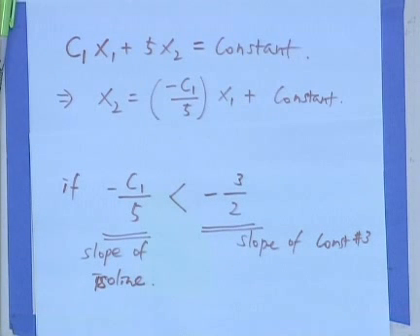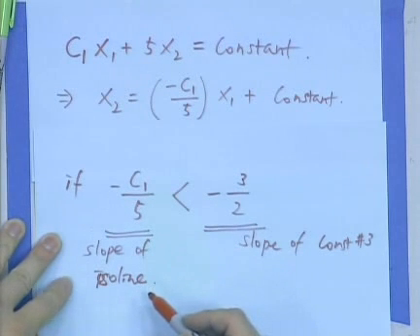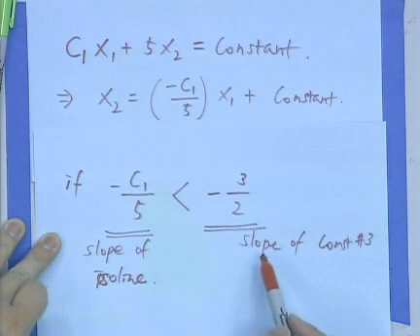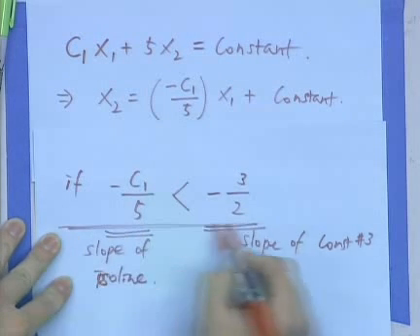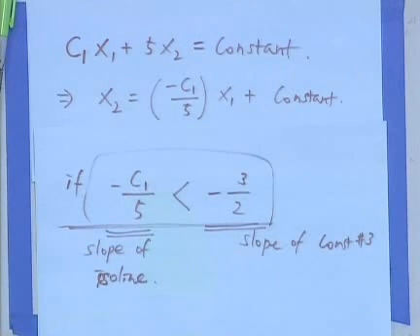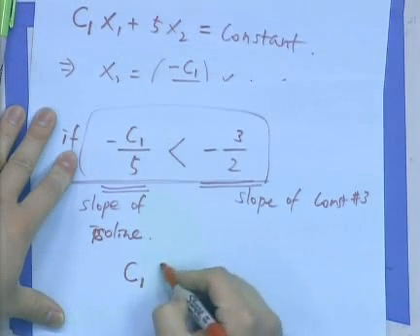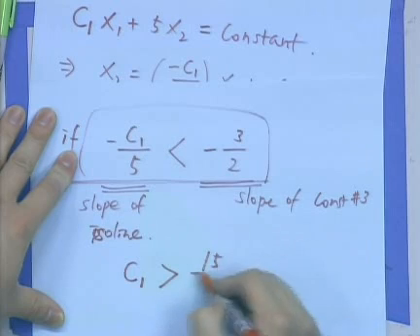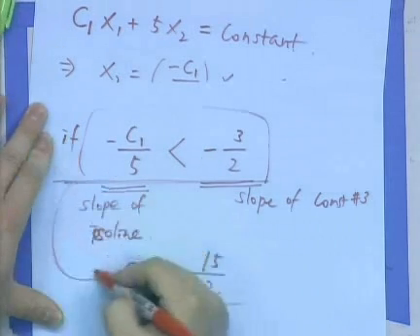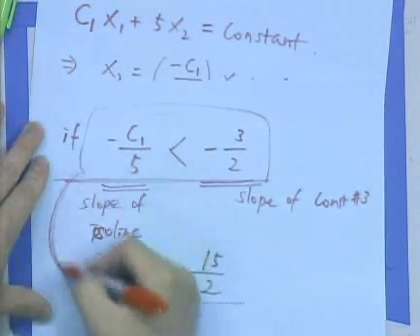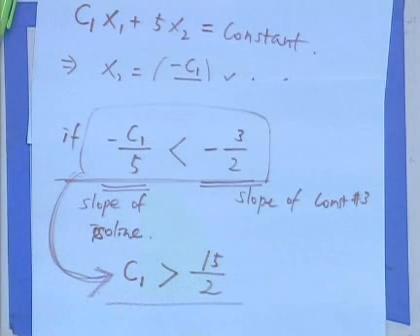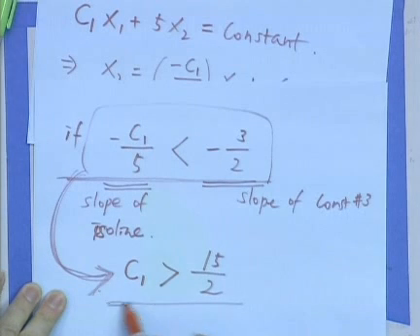So I said the iso value line will be steeper than plant number 3 if this is satisfied, right? Which means C1 is greater than 15 over 2 from this. Okay? So in this case, the current basis will no longer be optimal.